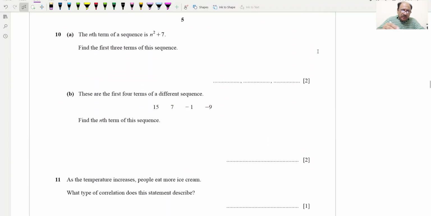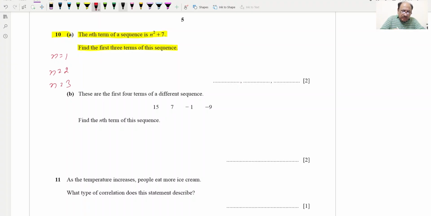Now question number 10, sequence question. A part, the nth term of the sequence is n squared plus 7. Find the first 3 terms. So we can write n is equal to 1, n is equal to 2, and n is equal to 3.